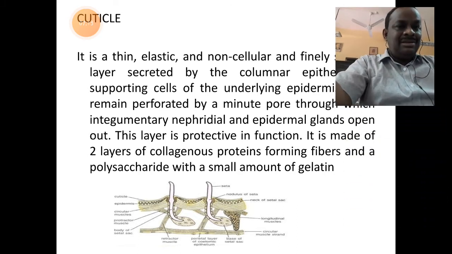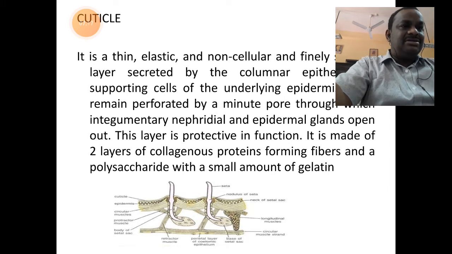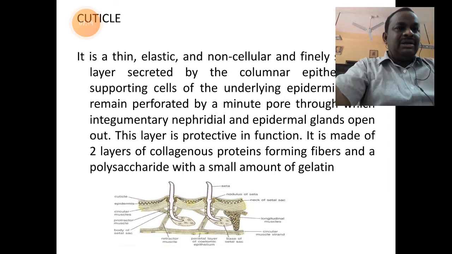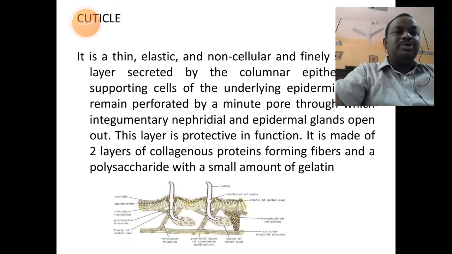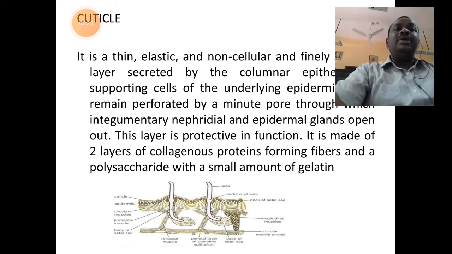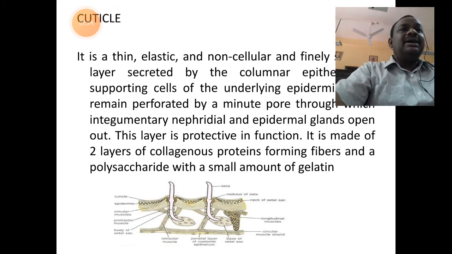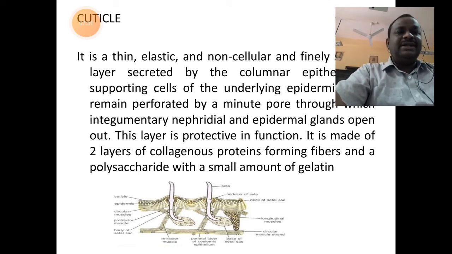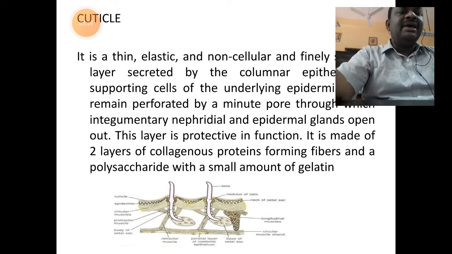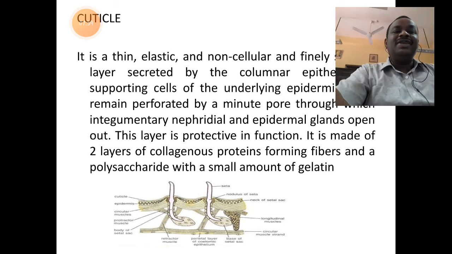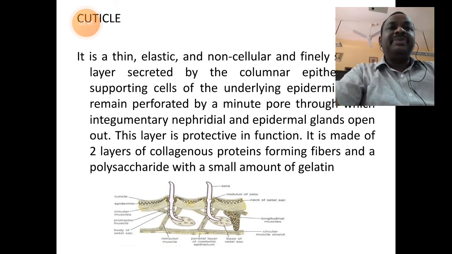So, it is a non-cellular region, meaning it is made up of dead tissue, and chemically it has the protein gelatin, the protein of collagenous fibers and even polysaccharides. So, that is the importance of this layer. Overall, the function of cuticle is to protect the organism and especially the epidermis of the organism.